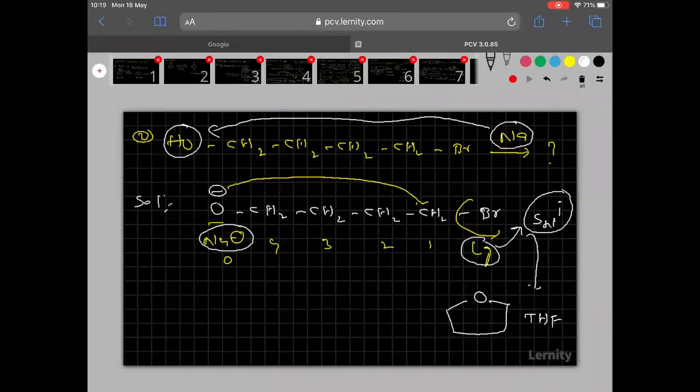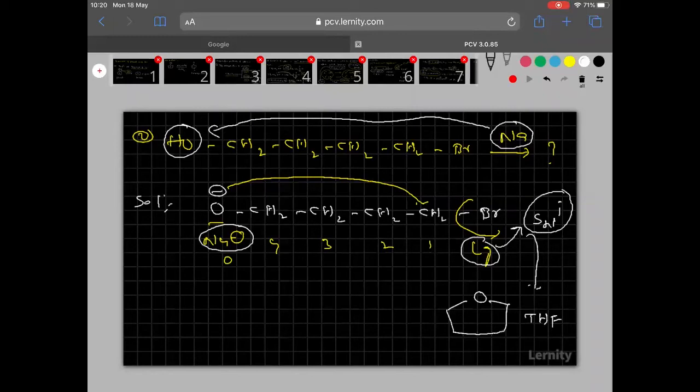Tetrahydrofuran. It was used as solvent in the HBO reaction, hydroboration oxidation. I think you are able to follow this one. It is clear, I think so.